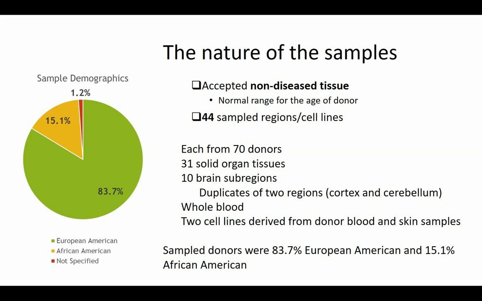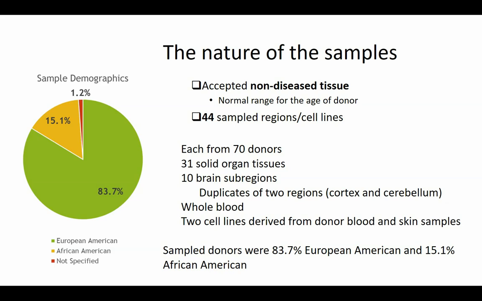So this is 8 sub-regions. Yeah, duplication of the whole blood, which is quite a terrible definition. What's whole blood? But that's because it's quite informative. I don't think it's a good choice, but anyway, and 2 cell lines derived from blood and skin samples.